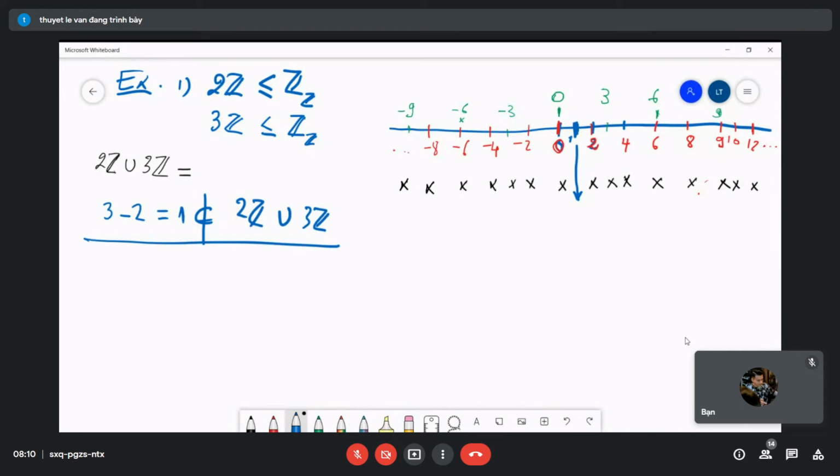It's not here. And minus 1 is also not in the union. So 2Z union 3Z is not a submodule of Z. Okay?